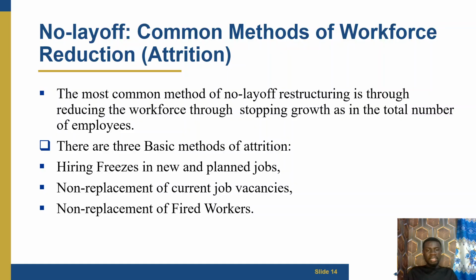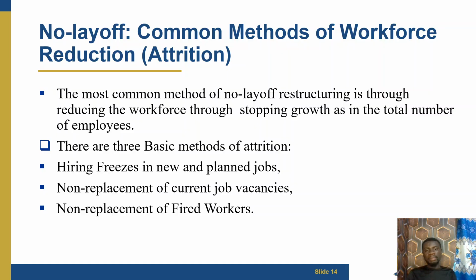So a freeze in new branch jobs means that if you open a new branch or a new office, you don't employ a new person to come there. You will take an old worker to fit into that new office.